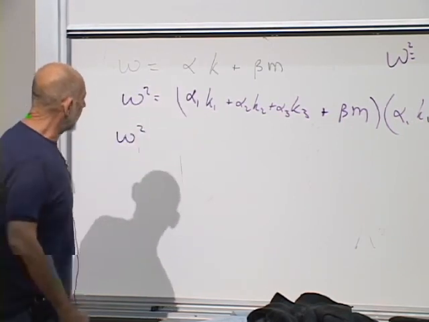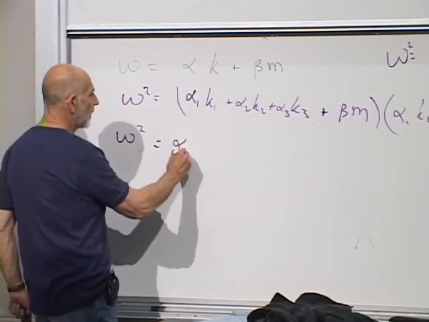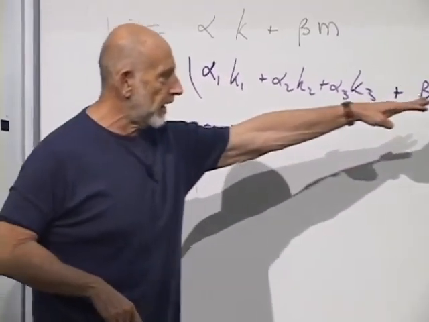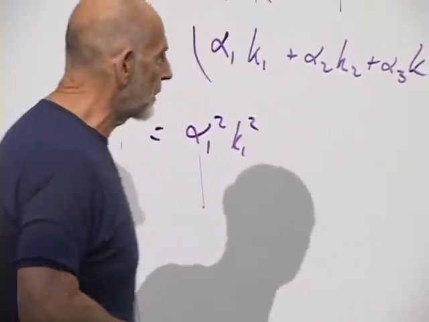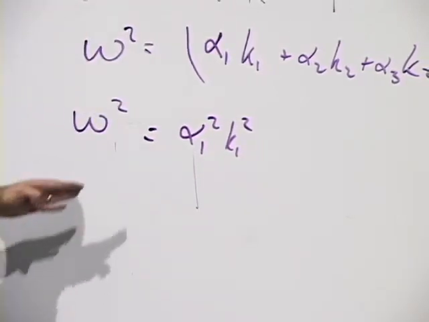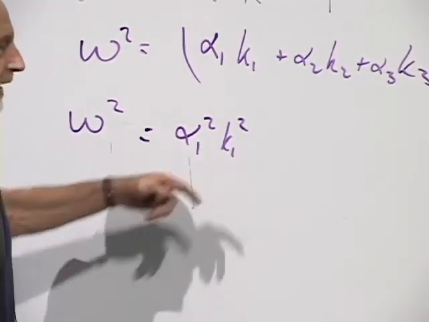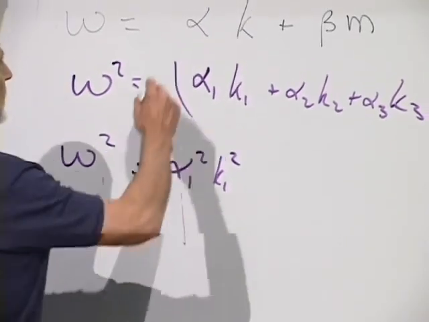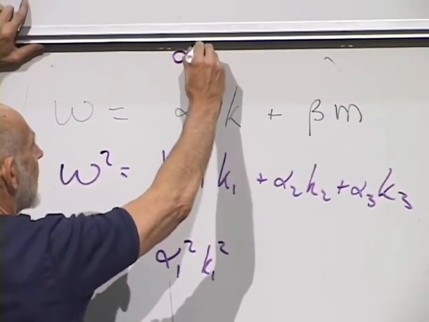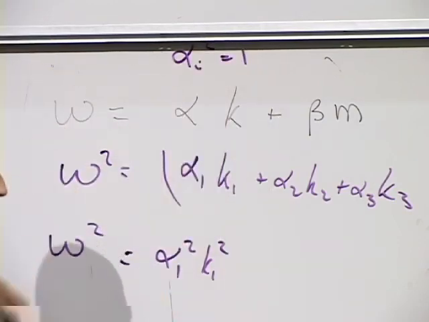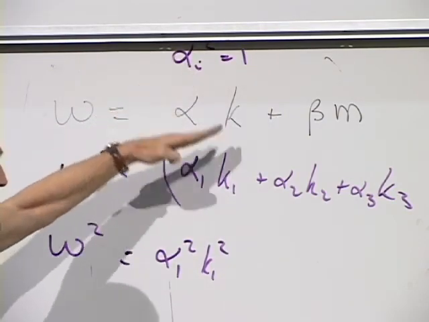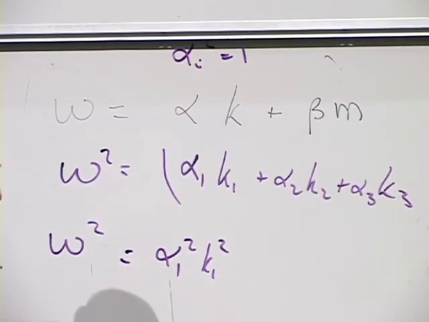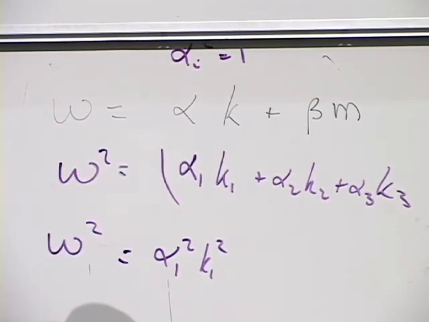All right, so first of all, we're going to get things like alpha 1 squared k1 squared. We're going to have similar things for alpha 2 squared k2 squared, alpha 3 squared k3 squared. It's pretty obvious we had better choose the square of each alpha to be equal to 1. So alpha sub i squared equals 1 for i equals 1, 2, and 3. The square of each alpha matrix has to be 1. That's the first condition.